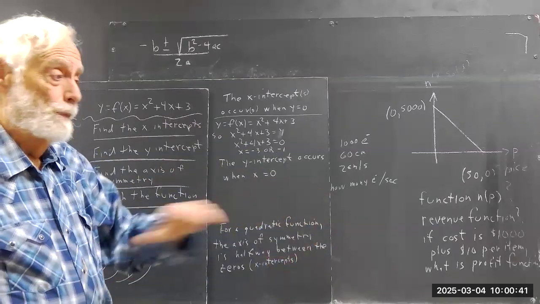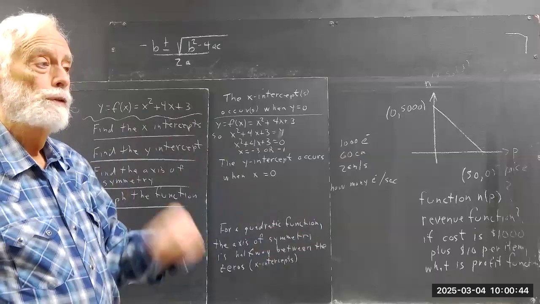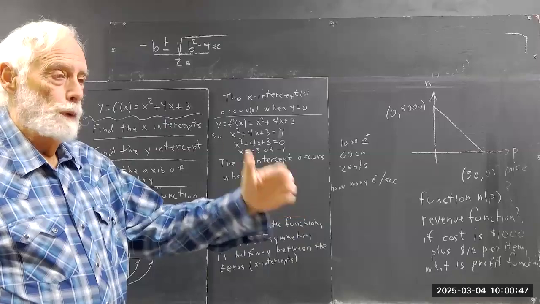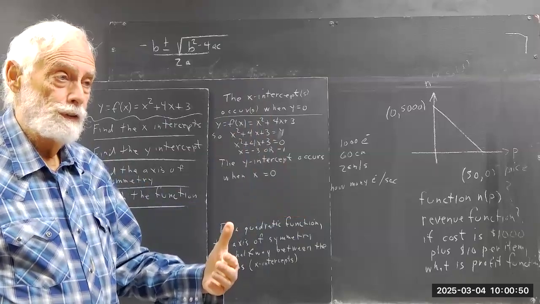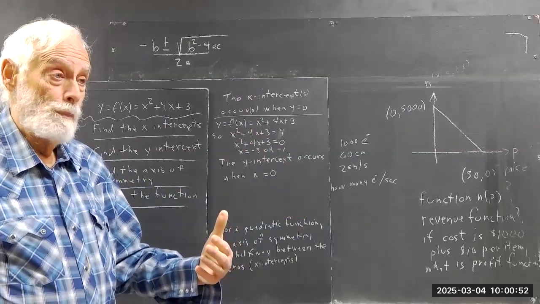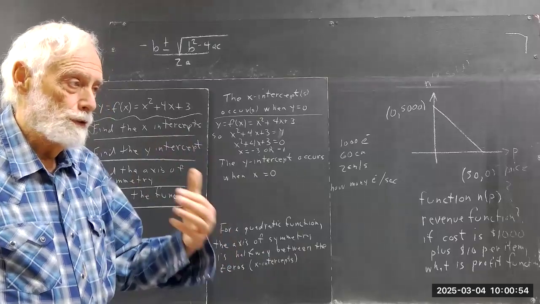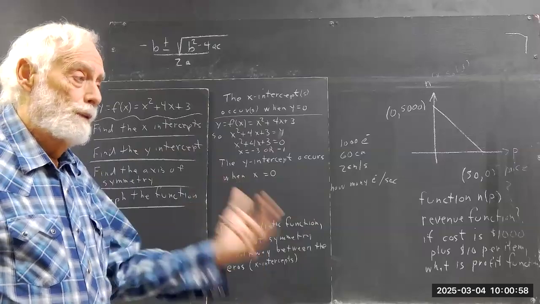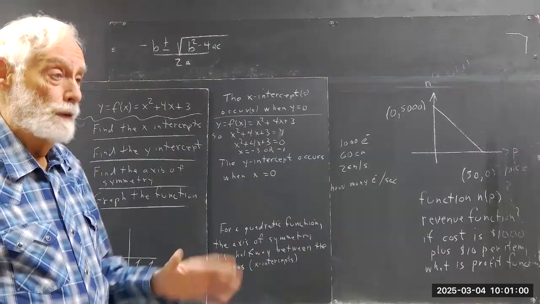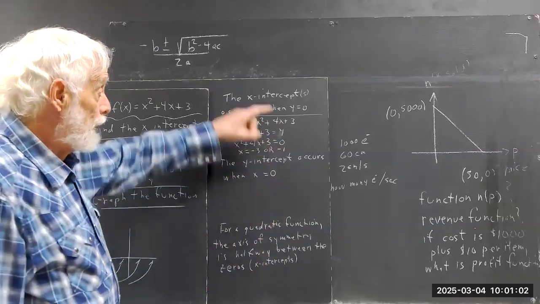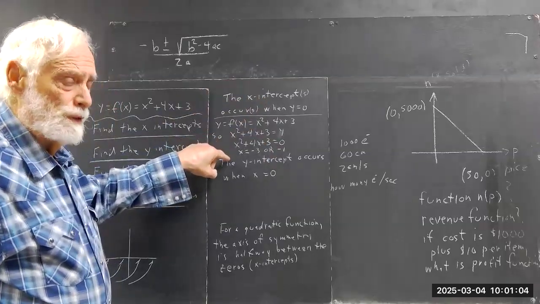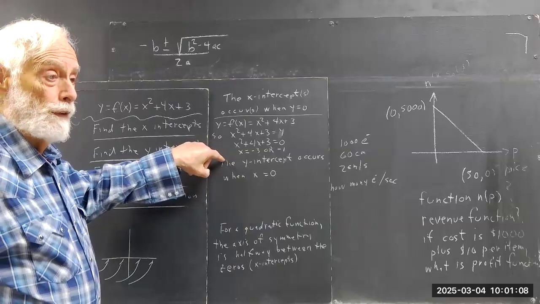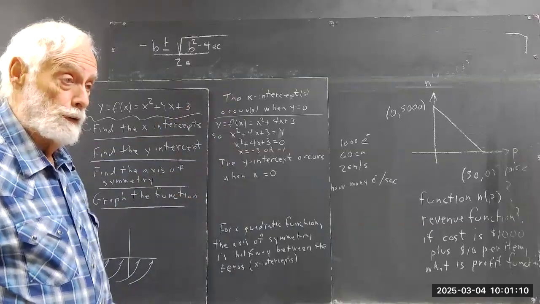That's something we've been stressing for a long time. We used it with linear functions because the easiest way to graph a linear function in most cases is to find the intercepts. You have to know the x-intercept occurs when y equals 0. That makes it very easy to find the x-intercept of a linear function, and it's equally easy, assuming you can use the quadratic formula or factor, to find the x-intercepts of a quadratic function.